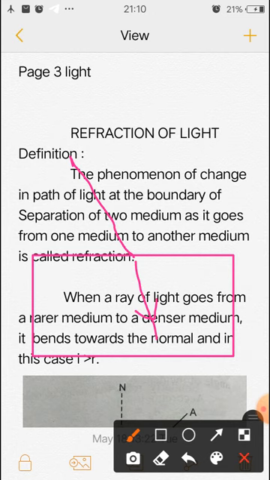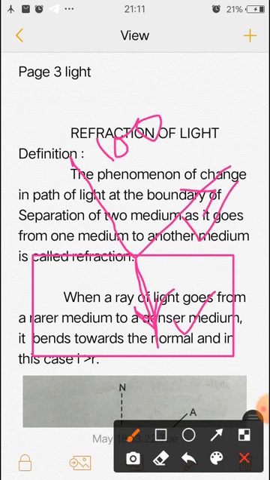If the incident ray is 100%, some of the light gets reflected and the rest of the light gets refracted. So this phenomenon is called refraction and that phenomenon is called reflection, which we studied before.